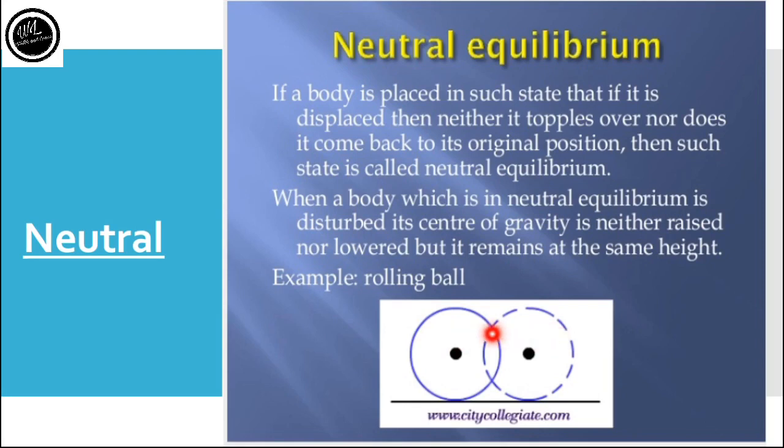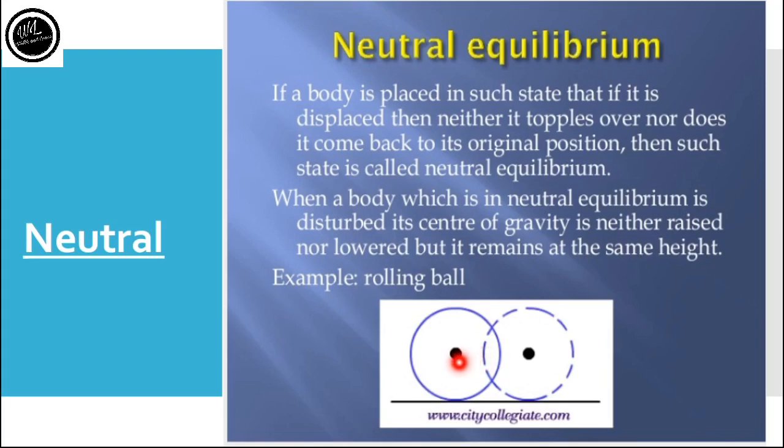You can see that the ball attains a new position, and it will not come back to its previous position by itself, or it will also not topple over. So that state of equilibrium is known as neutral equilibrium.